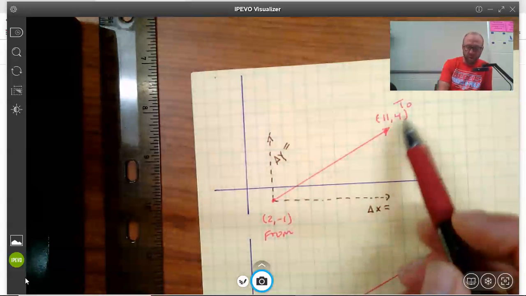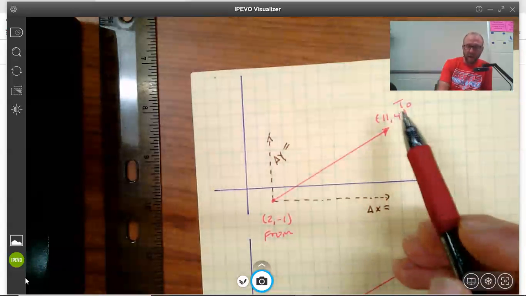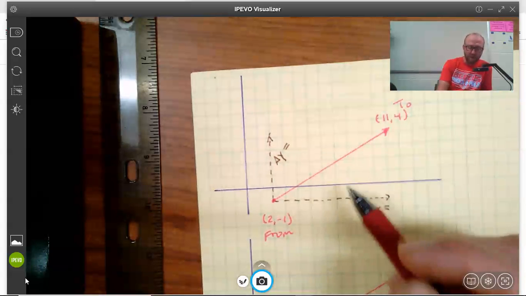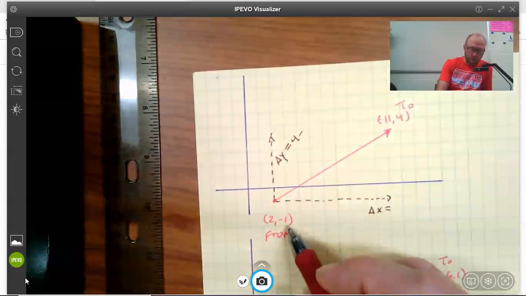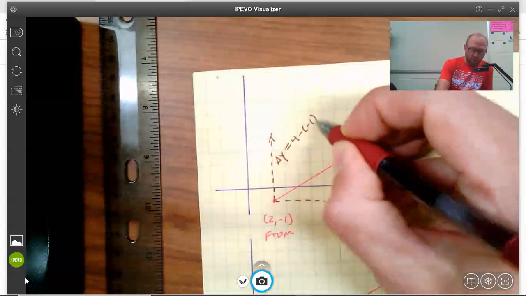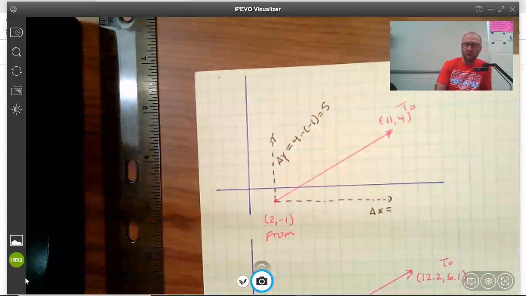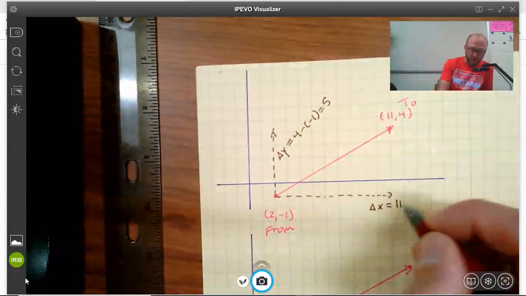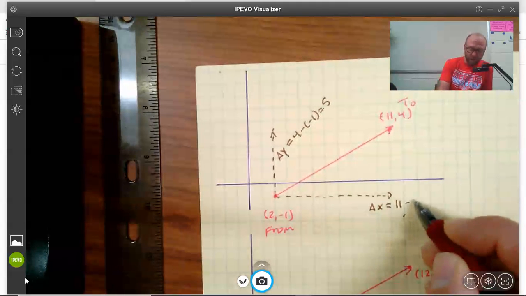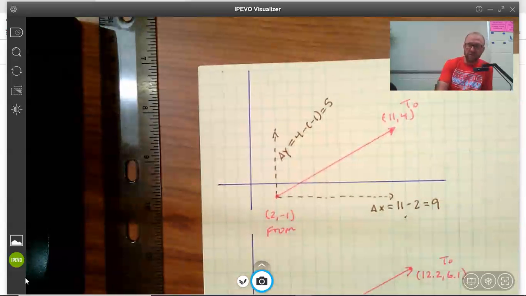Here's where you're coming from, here's where you're going to, beginning, end minus start. So our change in y, we ended at 4. We began at negative 1. So our change in y is a positive 5. Our change in x, we ended at 11. We started at 2. So our change in x is a positive 9.